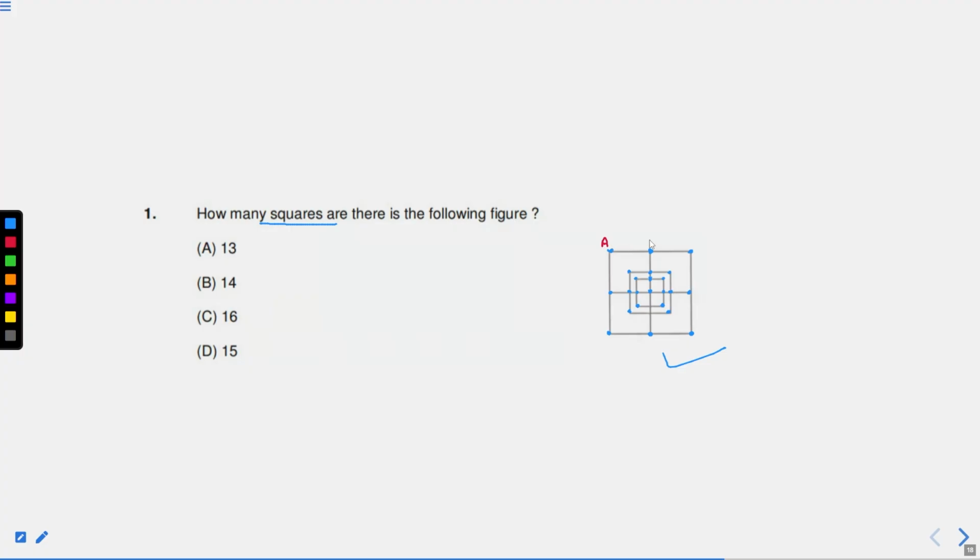Let's say A, B, C, D, E, F, G, H, I, J, K, right? Then L, M, N, O, right? This one.